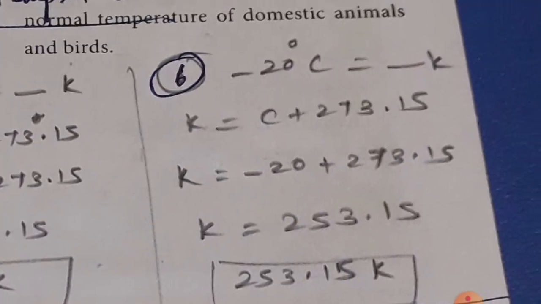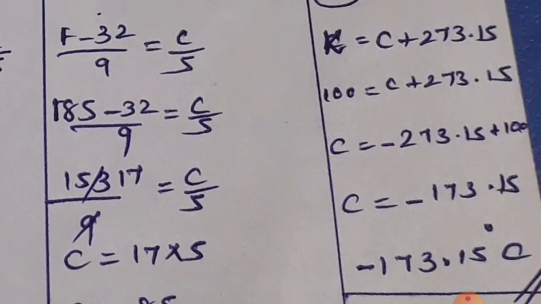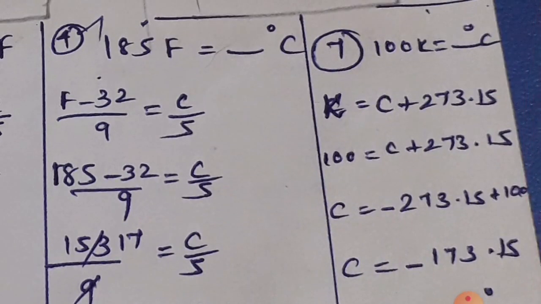This is the 6th problem. See the 7th problem, children. 100 Kelvin is equal to dash degree Celsius. Again you write the same formula, the Kelvin formula: Kelvin is equal to C plus 273.15. So you have to substitute the Kelvin value, children. Kelvin 100 is equal to C plus 273.15.